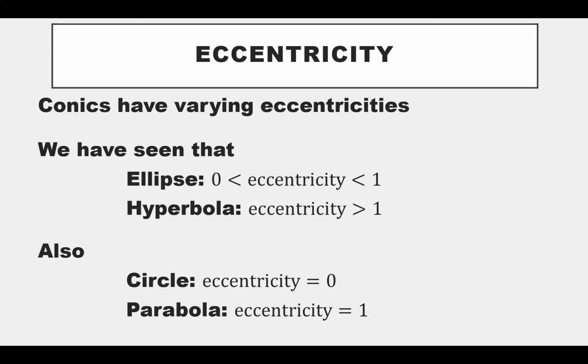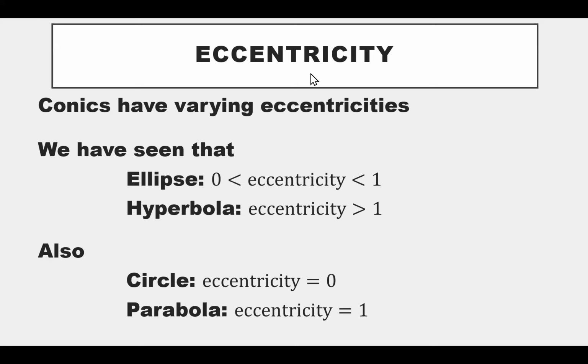And with the hyperbola, the eccentricity is always bigger than 1. It turns out that circles and parabolas also have eccentricities. With every circle, the eccentricity is 0. With every parabola, the eccentricity is 1.